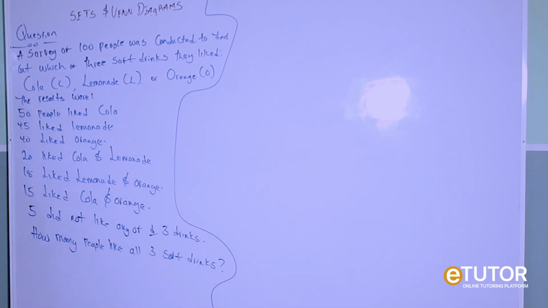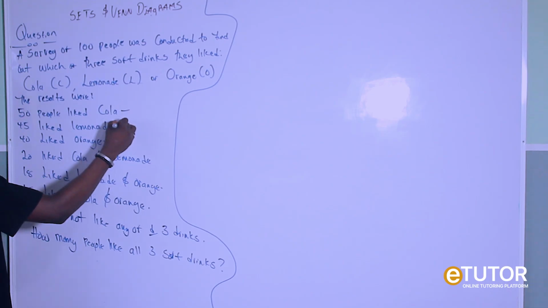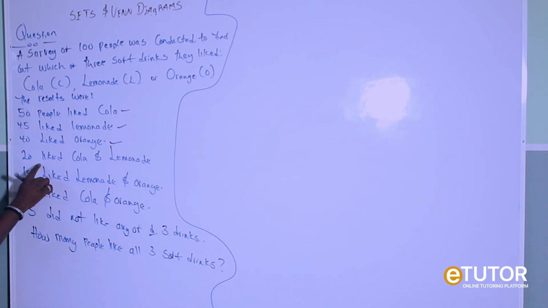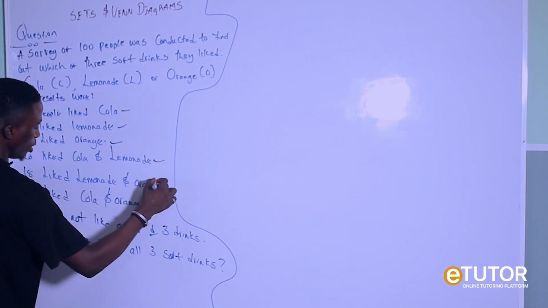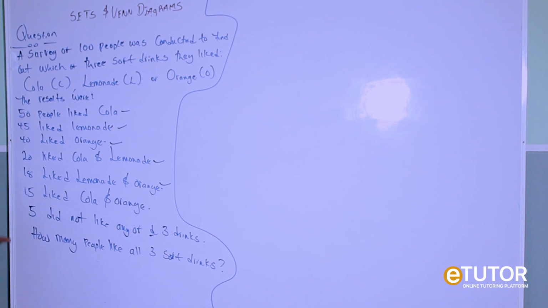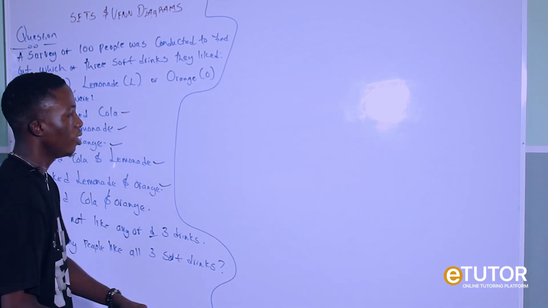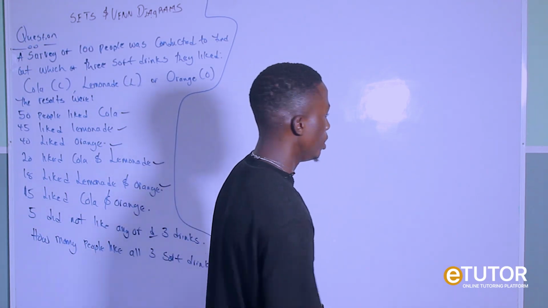The results obtained were 50 people liked cola, 45 liked lemonade, 40 liked orange, 20 liked cola and lemonade, 18 liked lemonade and orange, while 15 liked cola and orange. 5 did not like any of the 3 drinks. How many people liked all 3 drinks?